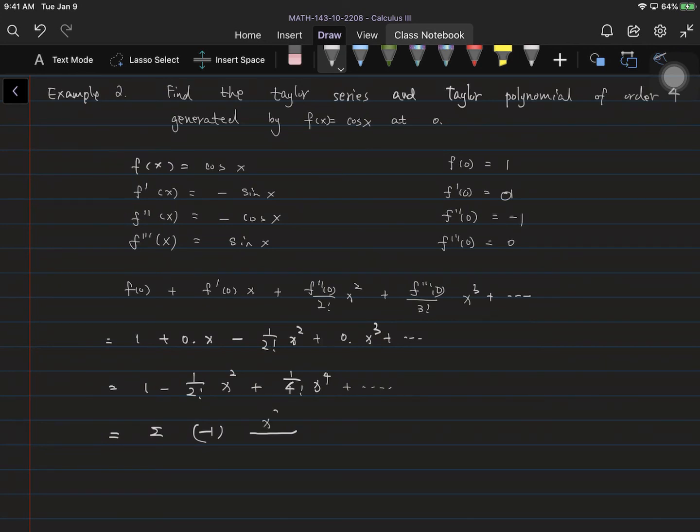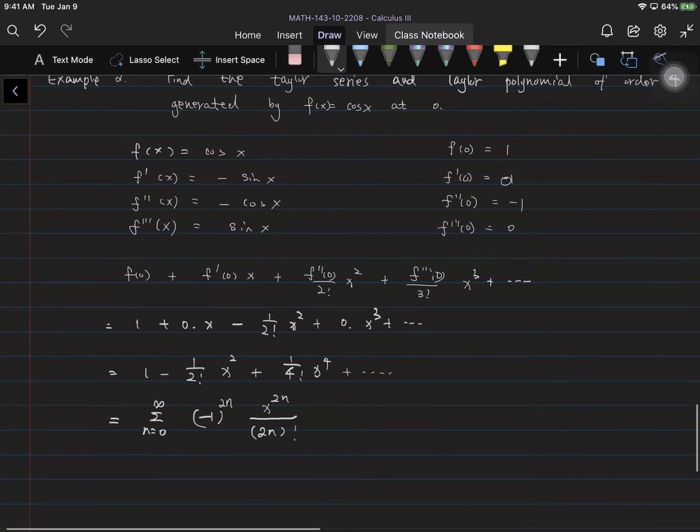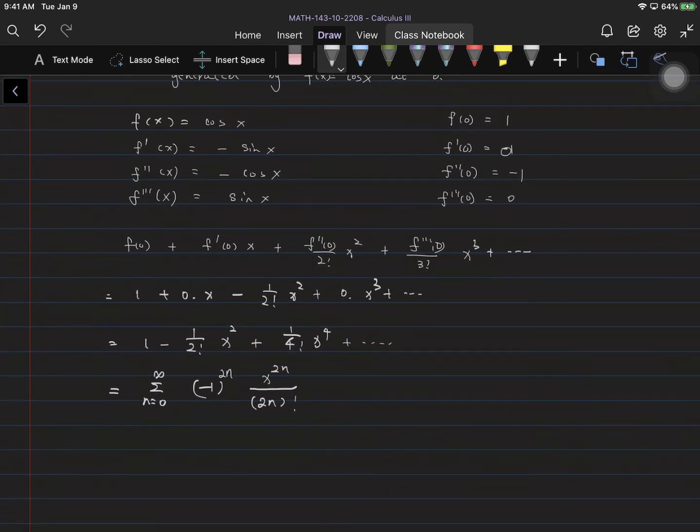So x to the 2n over 2n factorial, and n starts from 0 to infinity. This is the Taylor series for cosine.